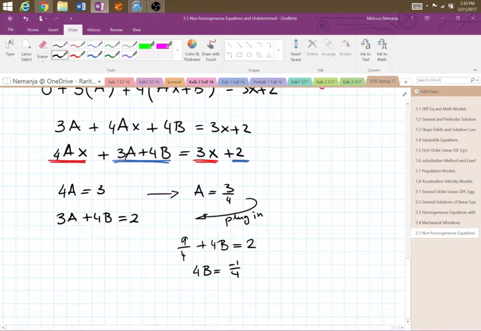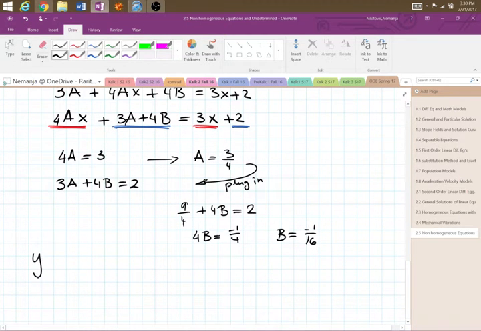And b is equal to negative 1/16. I hope. Actually, wait, that problem is done in the book. I can cheat. I can just flip and see that I'm right. Yes. So now we have that our particular solution is equal to ax, which is 3/4 x, minus 1/16.